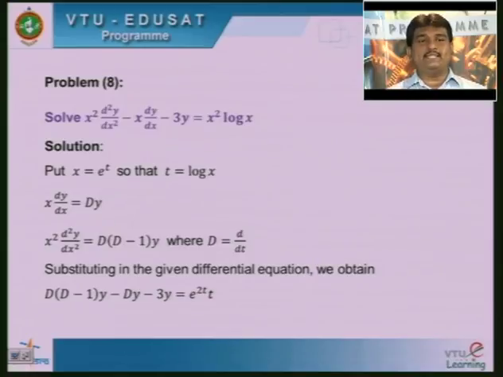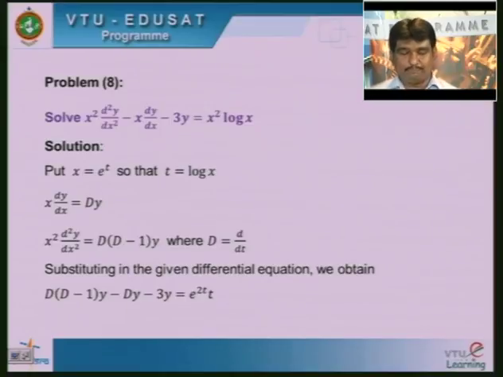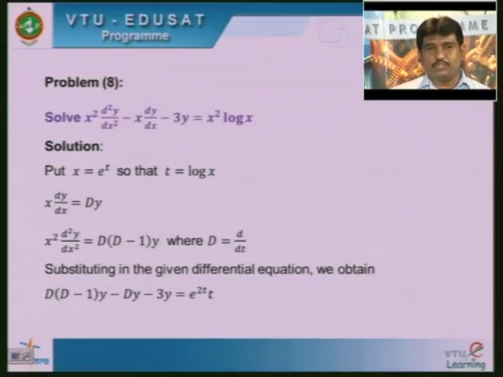Substitute all these things in the given differential equation, we get D into D minus 1 into y minus Dy minus 3y equals RHS x square. x is e to the power of t, so x square is e to the power of t the whole square, nothing but e to the power of 2t into log x. Log x is t here.